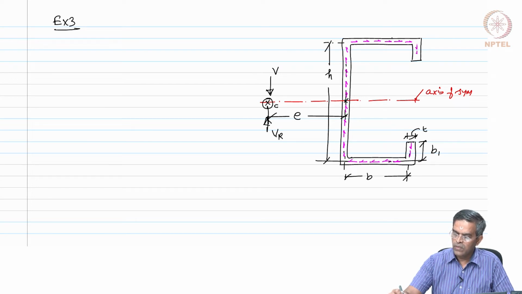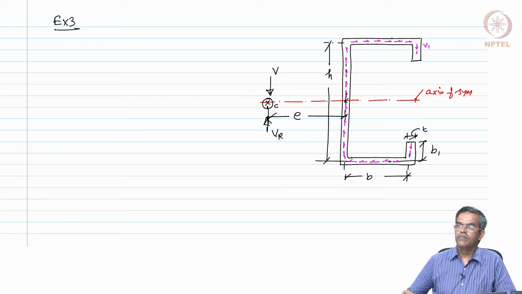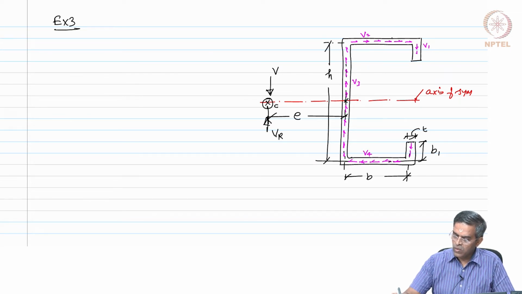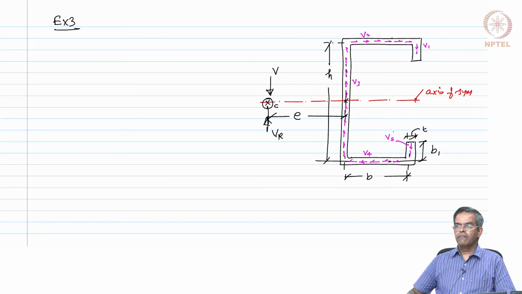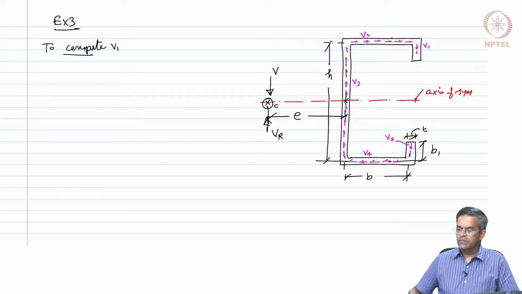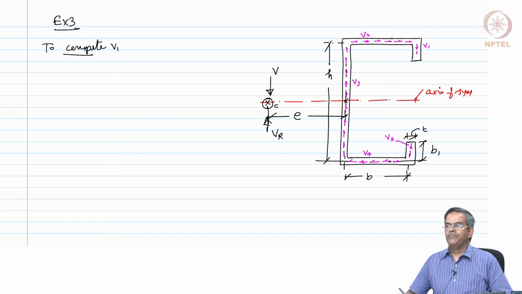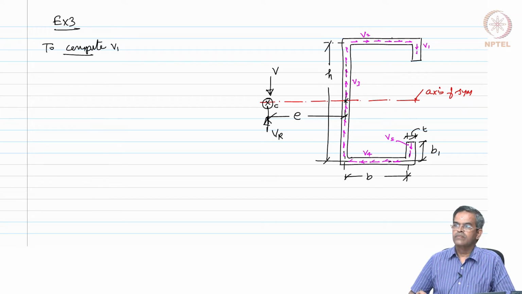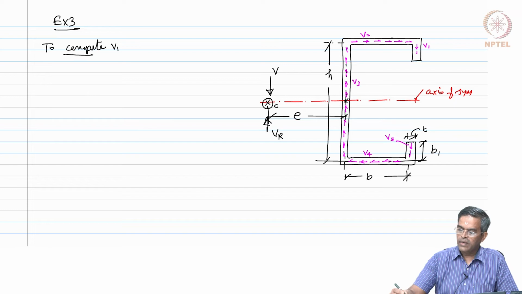So, this is V1 and this is V2 and this is V3, this is V4 and this is marked as V5. Let us now start computing these internal shears. So, I want to compute V1. So, I am drawing an enlarged view of this.